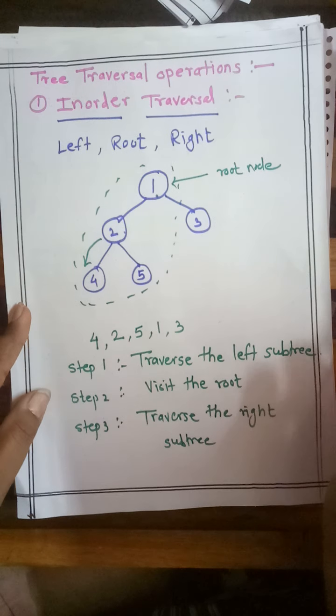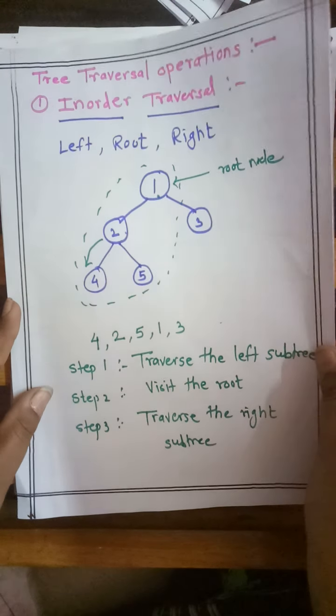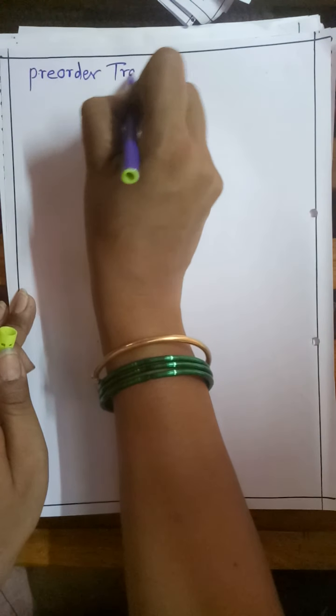Okay, now you should understand better how to traverse the binary search tree in order. The second traversal technique is pre-order traversal. In pre-order traversal we visit the root first.